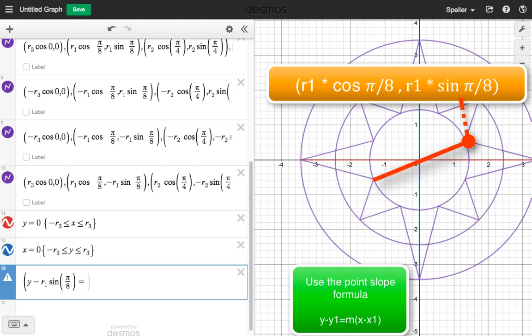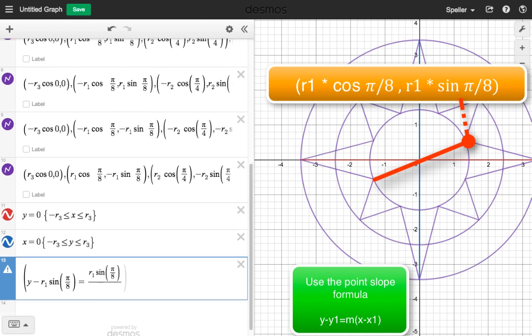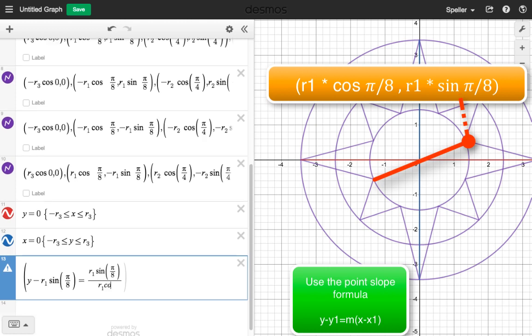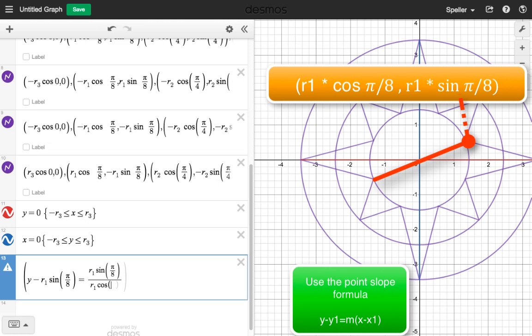Equals, now because it's a direct variation, we can take the y value and divide it by the x value. The y value is R sub 1 sine pi over 8. Let's use parentheses, because this is going to give us our slope. So let's divide that by R sub 1 cosine of pi over 8.